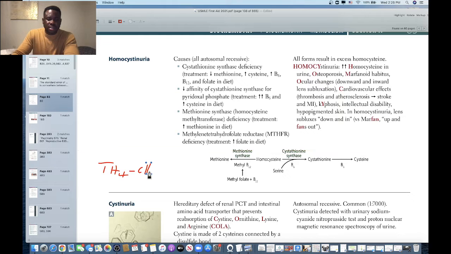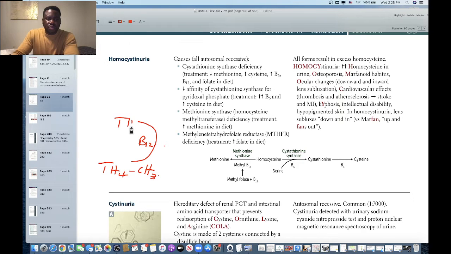Because we said it's a CH3 donor. So it's holding CH3, and then it's going to give it to vitamin B12, and then it will turn into TH4.